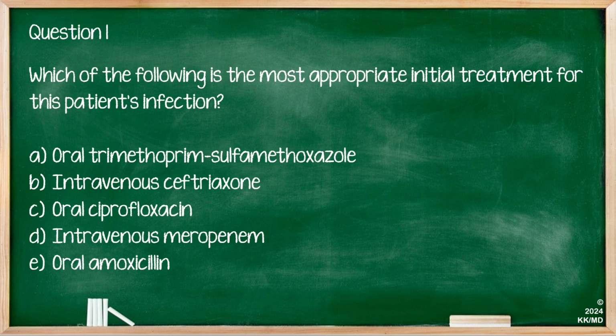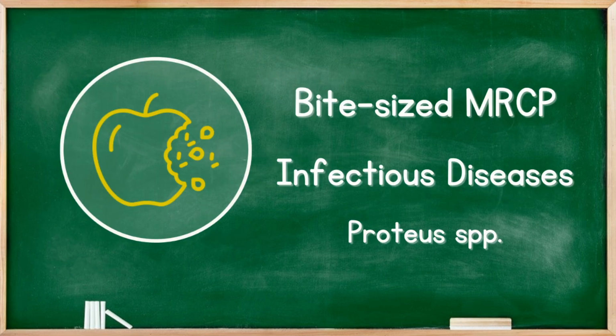Therefore, options B and E would be incorrect. Option A is also incorrect given that this patient is clearly very unwell and in sepsis. So you would need to opt for something intravenous, and therefore options A and C would be incorrect. Even if you hadn't known this, by elimination you should be able to get to option D, which is intravenous meropenem.